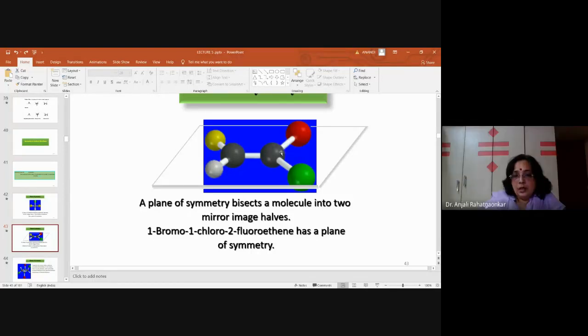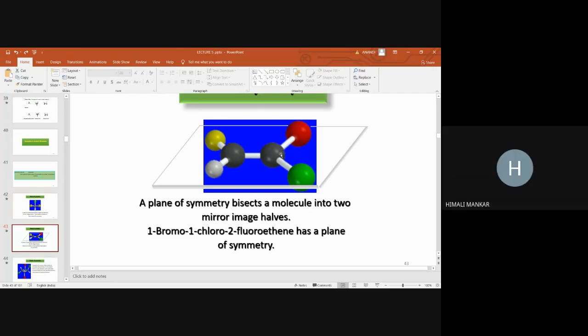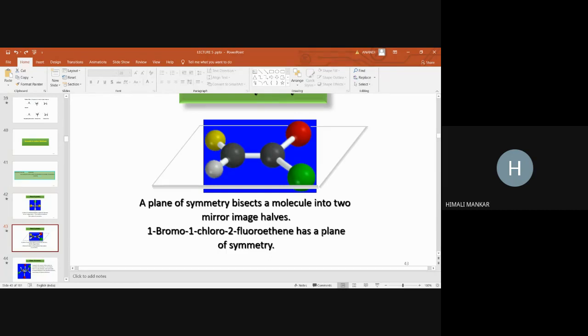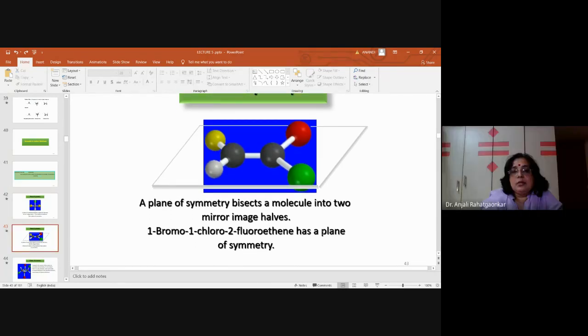Yes, ma'am. हाँ, लेकिन when I cut it horizontally, the plane of symmetry is present because cutting horizontally will also give you the mirror image. ऊपर एक है जैसे बॉल को हम बीच में से कट करते हैं वैसे ये सारे बॉल्स है, ये बॉल्स को हमने ऐसे बीच में से कट कर दिया है तो आधा बॉल ऊपर है और आधा बॉल नीचे है. ऑलराइट, सो mirror images are there, so plane of symmetry is present in the molecule, so that's why this is achiral.